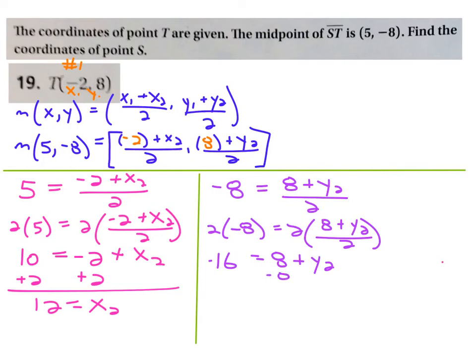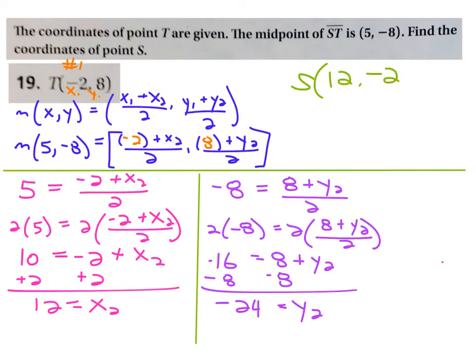And subtracting 8, we get -24 is equal to the y-coordinate of point number 2. So then what we have as a point for the coordinates of S has coordinates of 12, comma, -24. And let me verify that that's correct. Yep, we've got one more.